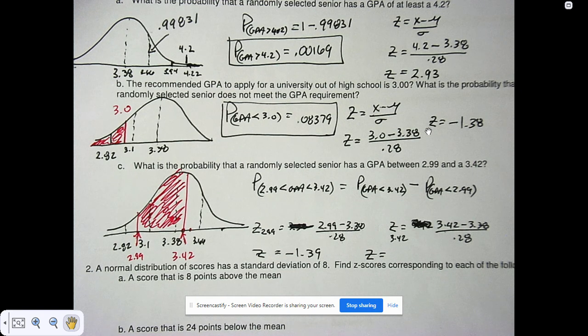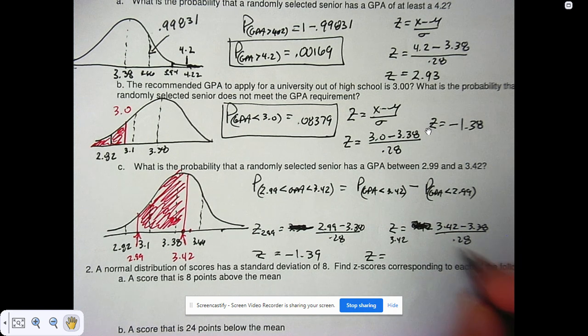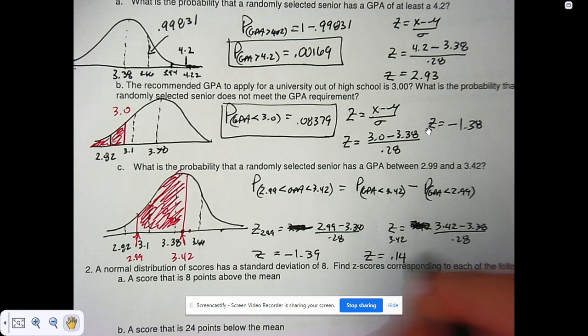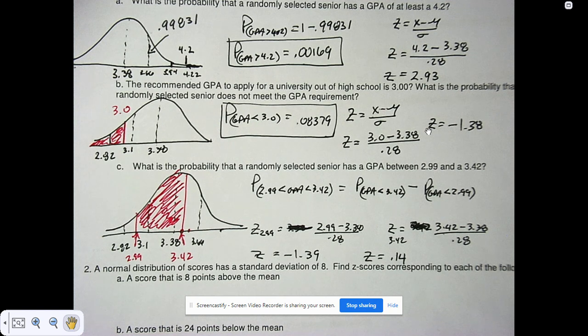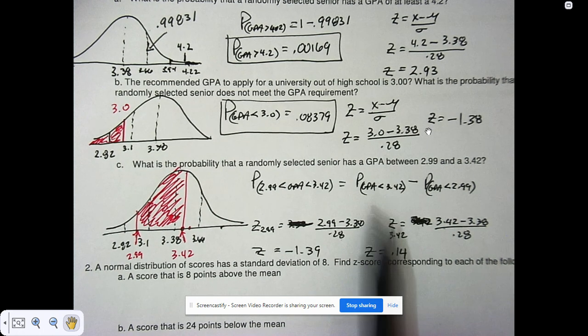Divide the whole thing by 0.28, you get 0.14. Again, those are all rounded to 2 places after the decimal place because that's what the scale goes to, the table. All right, so a z-score of 0.14 is this one.